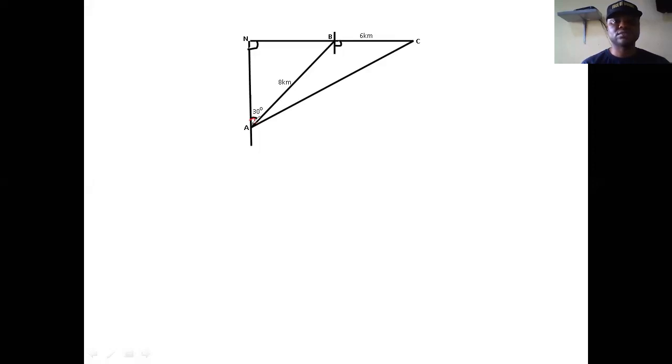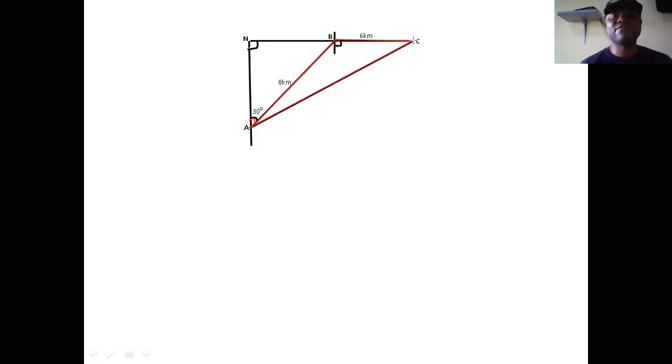Look at it, 30 degrees to point B here, 8 kilometers. You can see the 8 kilometers there. And from B, he now traveled 6 kilometers to C. So you will need to join AC, which is what you can see in this diagram.